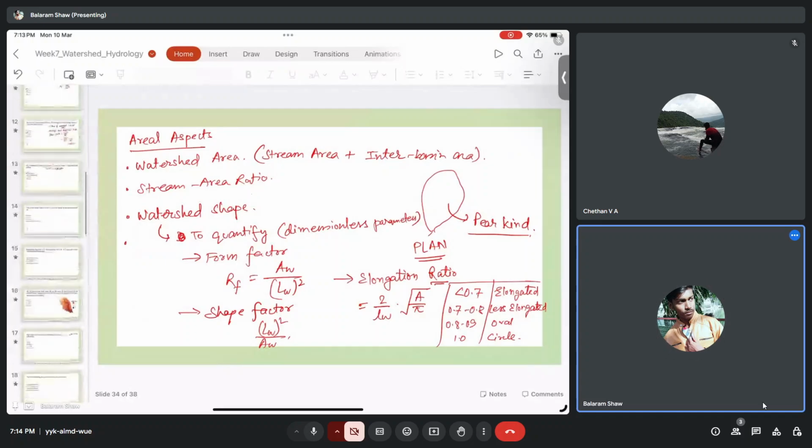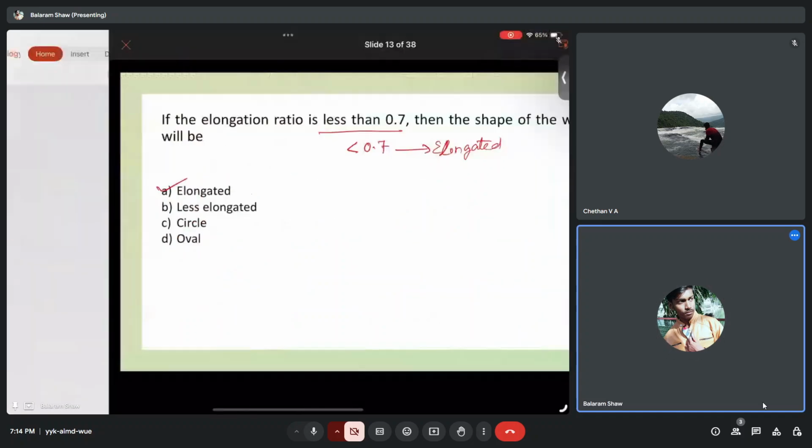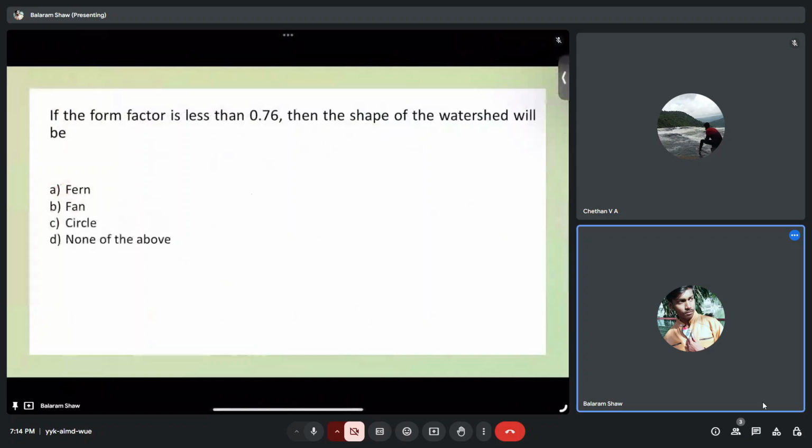Correct. So the form factor is less than 0.76. This means the area is less compared to the square of the length. So in that case, the shape of the watershed will be an elongated one or a fern kind of. Okay, so the correct answer will be fern.